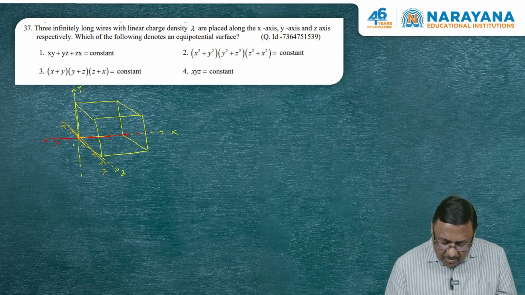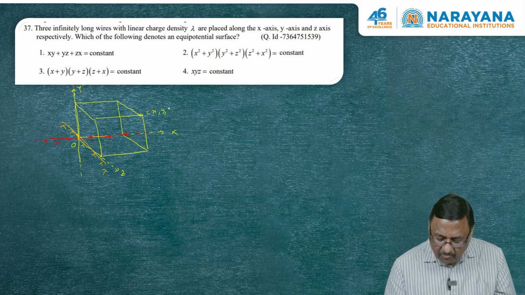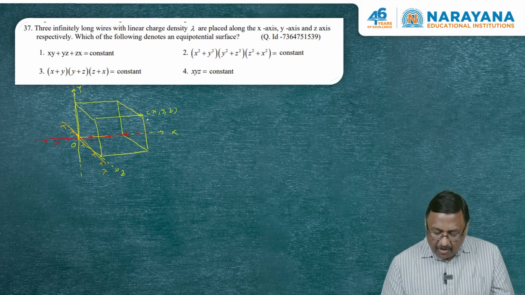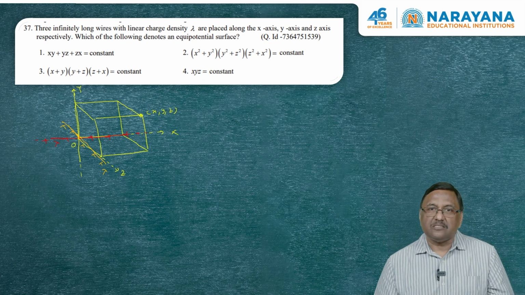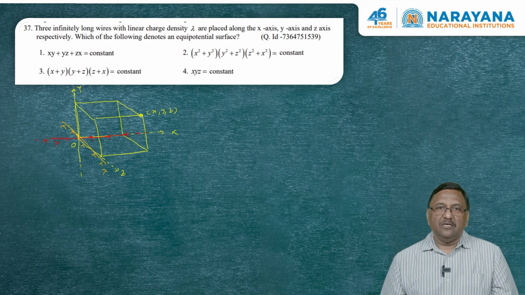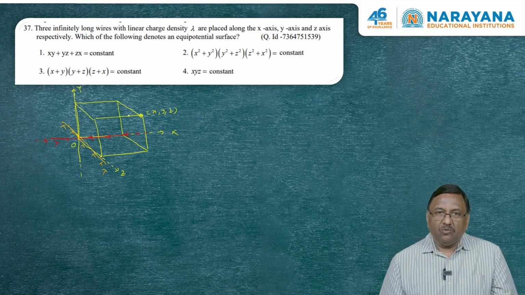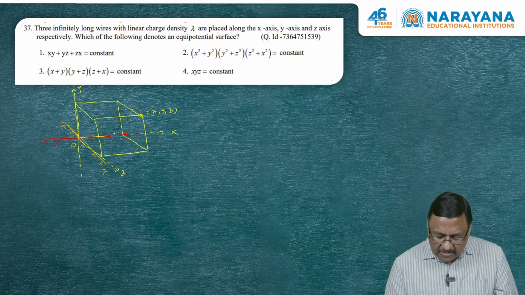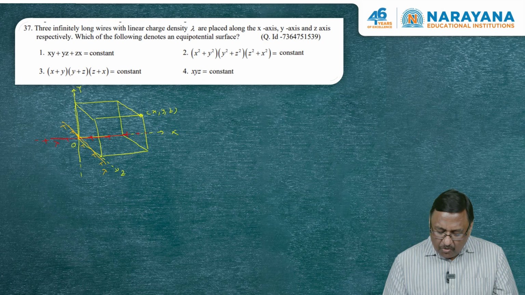Say this is my origin, and I choose a point x comma y comma z, and I want to find my potential at this point. Because we have to find a surface, and a surface means we have to find some relation between x, y and z, then we can define what my surface is. I will now try to find the potentials because of these infinitely long wires at this particular point x, y, z.